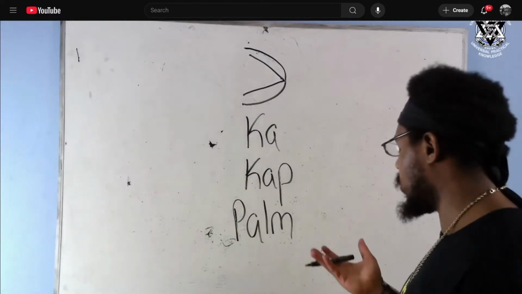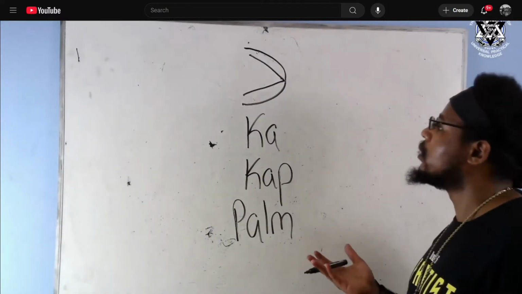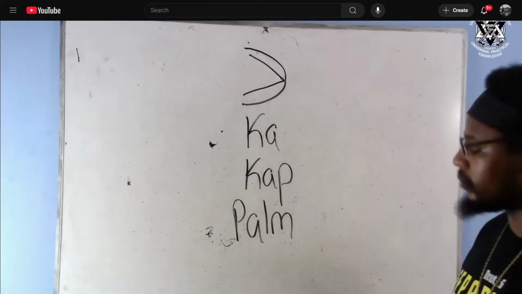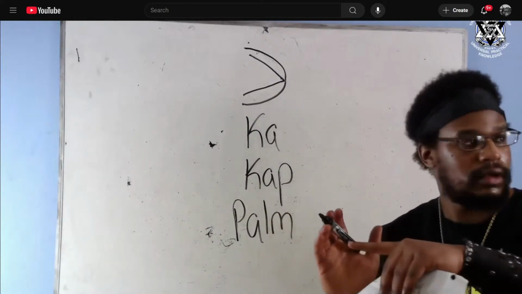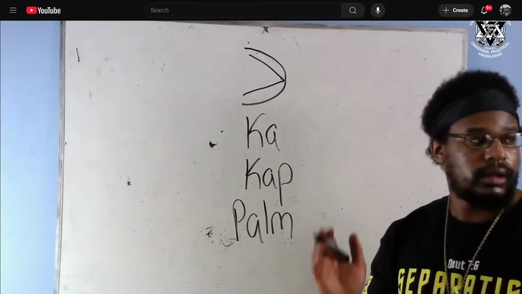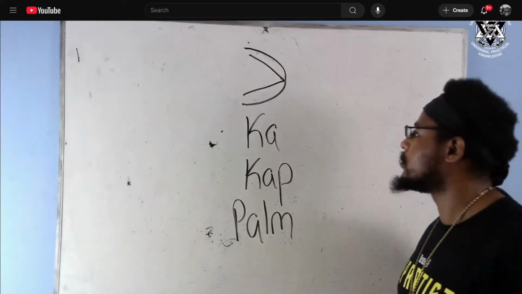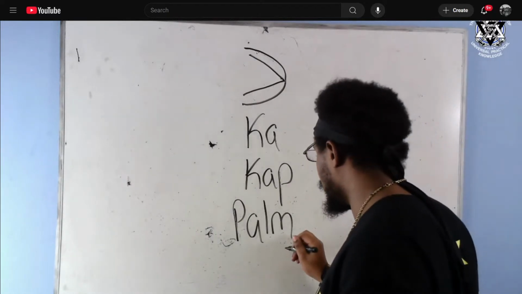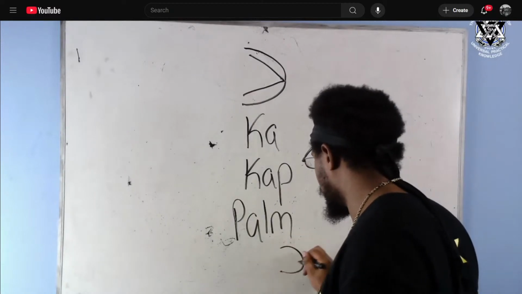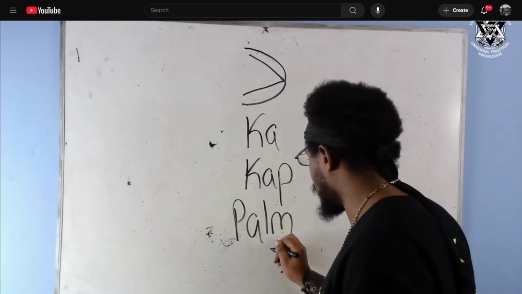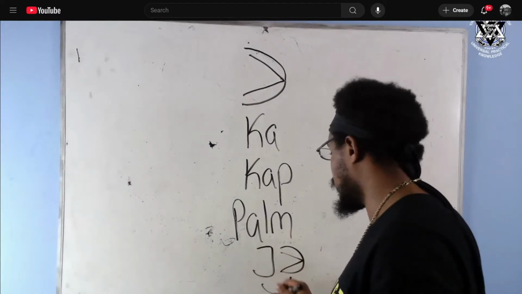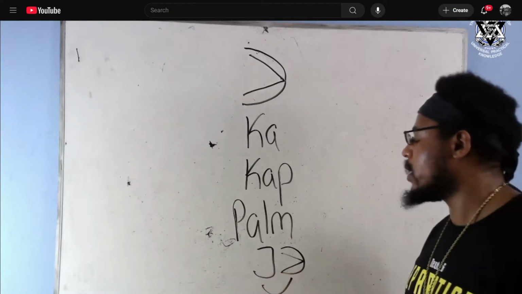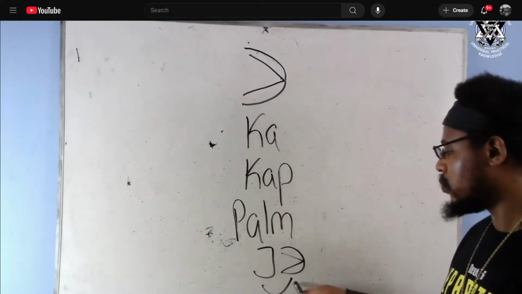If you look at your hand right now, you'll probably see this in your hand. Comes from your palm. So Ka, palm. Again, it's another plural connector. Ka, Pa, drop off the A, Ka. Plural connector, they're connected.